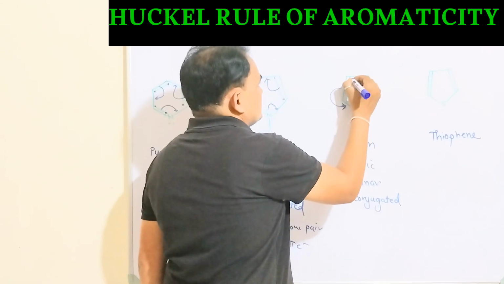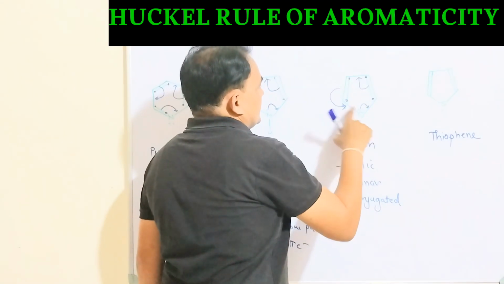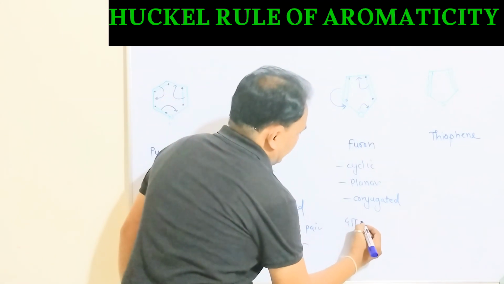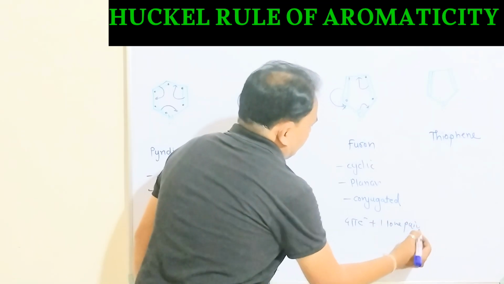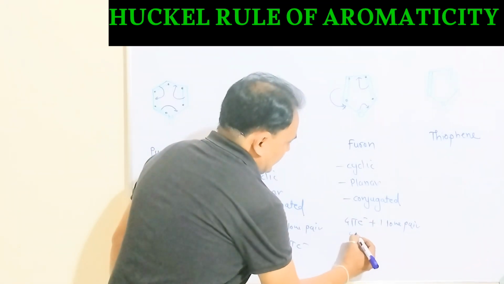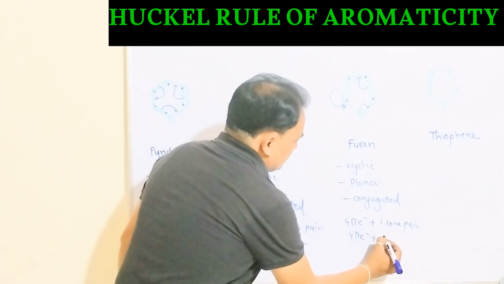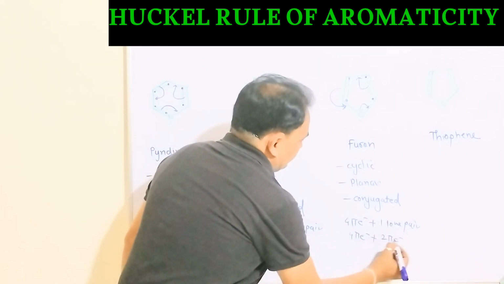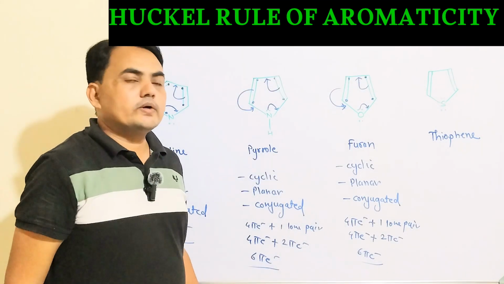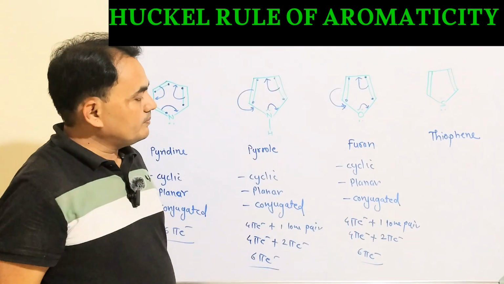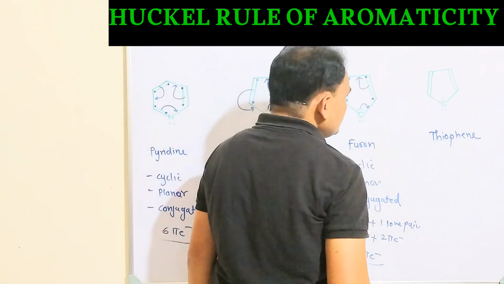How many pi electrons? 4 pi electrons plus one lone pair involved in conjugation. 4 pi electrons plus one lone pair means 2 more pi electrons, that means 6 pi electrons. So according to Huckel rule, this molecule is also aromatic.